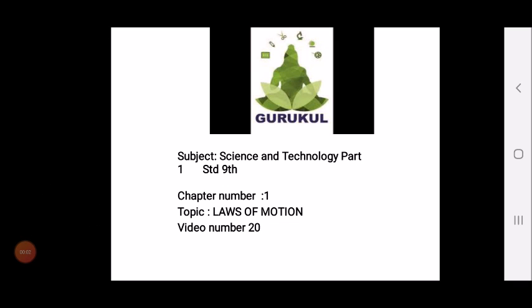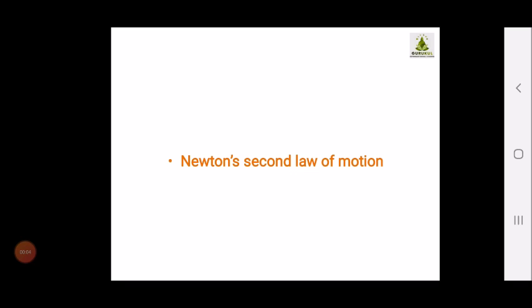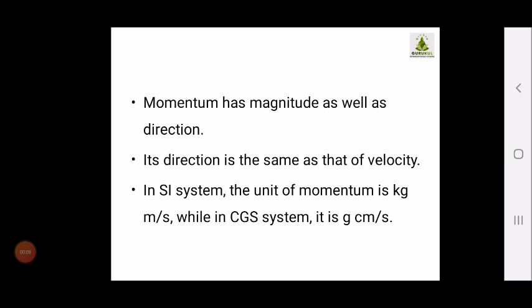Students, now we are going to continue with Newton's second law of motion. Certain concepts we are going to study in this video. Here we should know that momentum has magnitude as well as direction, and its direction is the same as that of the velocity.